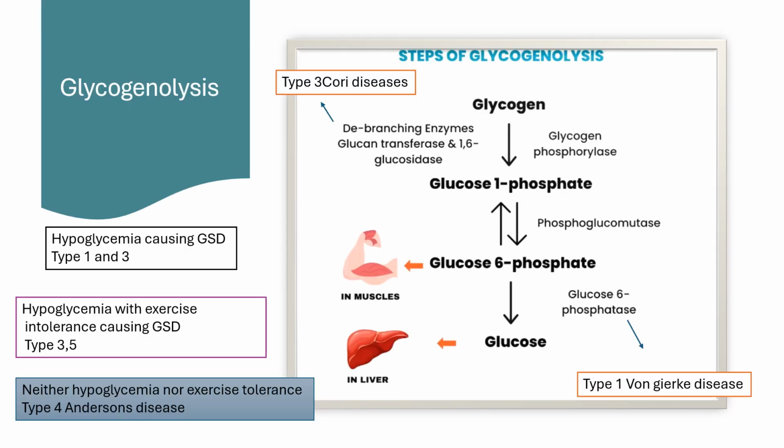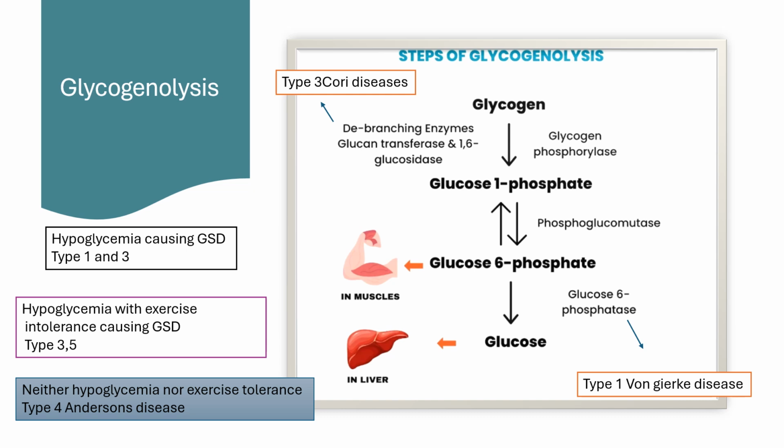Now guys, in order to understand the other glycogen storage diseases, we must know the steps of glycogenolysis. It means breakdown of glycogen into glucose. So first of all, glycogen gets converted into glucose 1 phosphate via the enzyme glycogen phosphorylase.